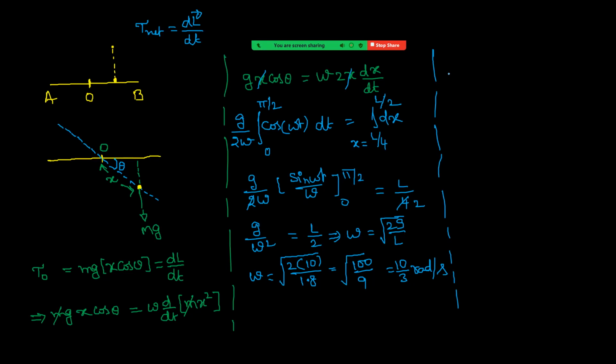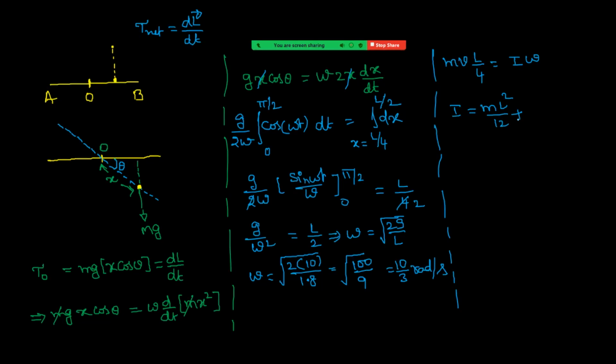So I'm writing here, just before, m into v into L by 4. The distance from the axis of rotation is L by 4. That is equal to I into omega, right? What is the I value? I value for the rod is ml square by 12, right?